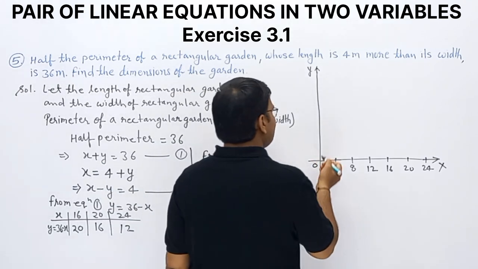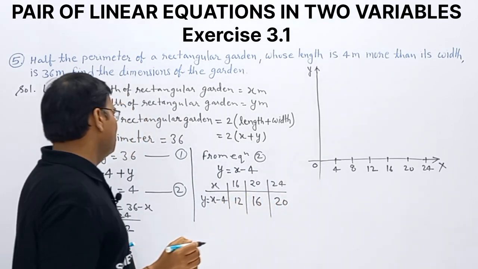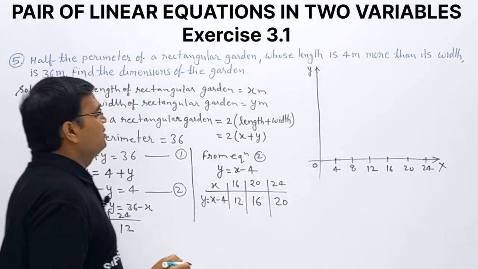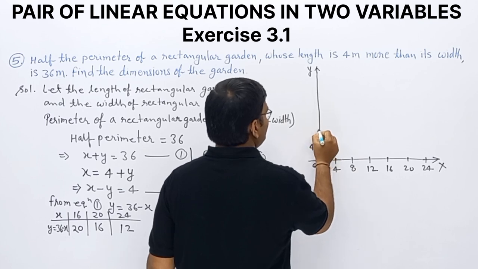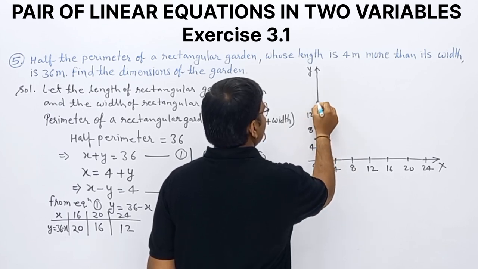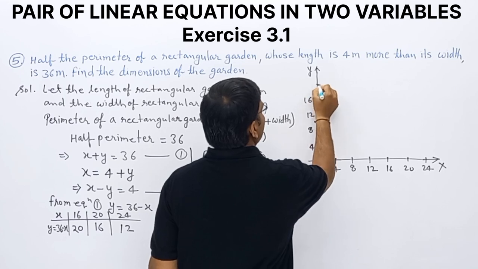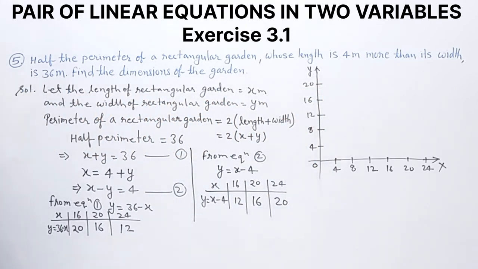On the y-axis again I am taking the same scale. Why? Because the minimum value is 12 and the maximum is 20. So I am drawing 1 centimeter equal to 4 units, 8, next one is 12, 16 and 20. Clear? Now we will draw coordinates.